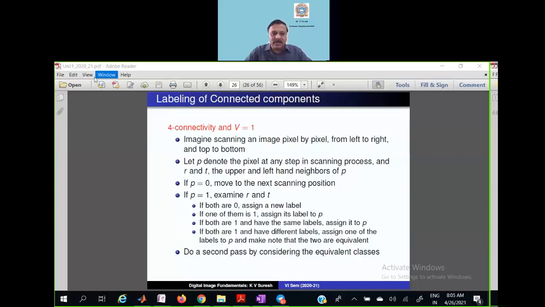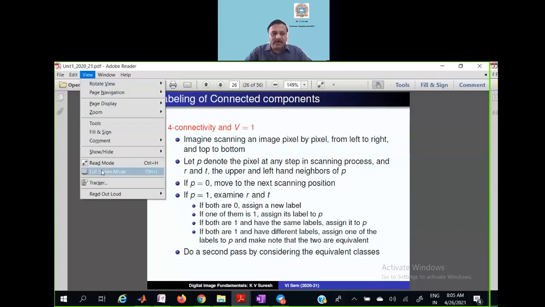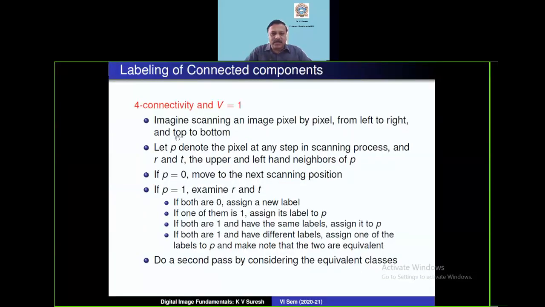So here you can observe we do what is known as a raster scan for 4 connectivity, assuming that the image is a binary image, and the value v is given to be 1. That means all pixels with value 1 have to be labeled. So you scan the image pixel by pixel from left to right, and of course from top to bottom.